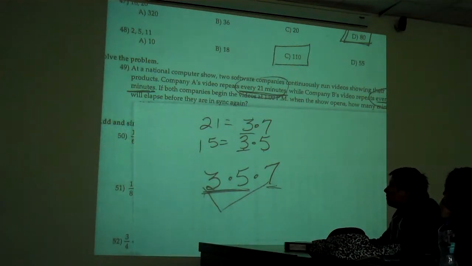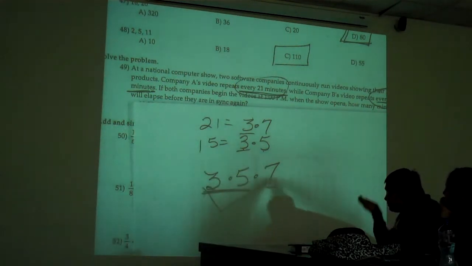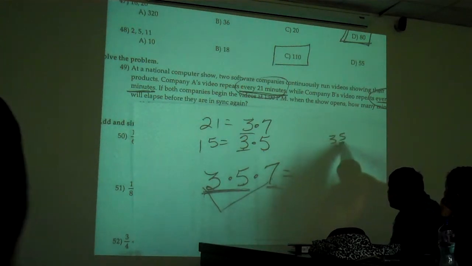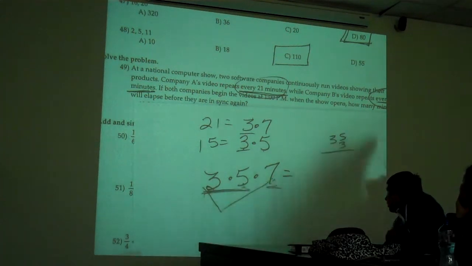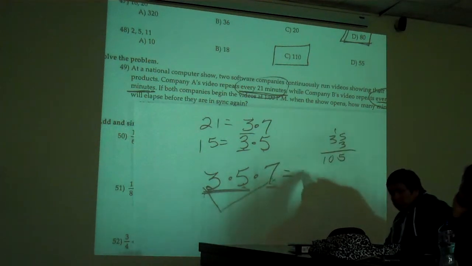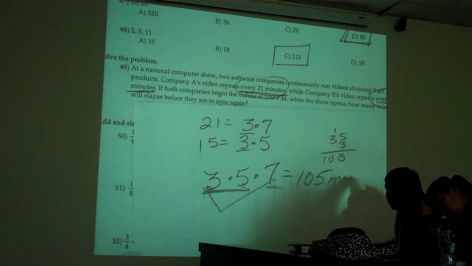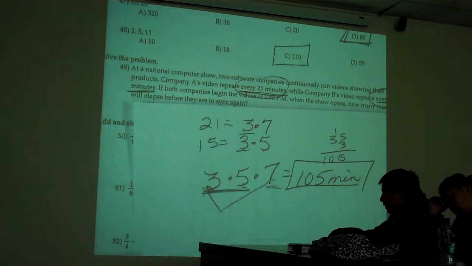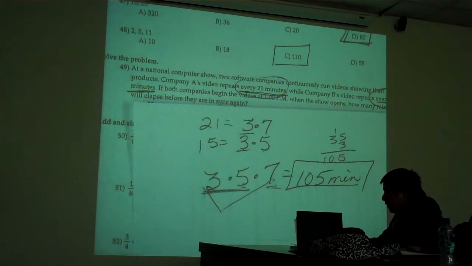See, they both divide into that. So you got 35 times 3, or you can multiply 15 times 7. And 105 minutes until they're in sync the first time. Every 105 minutes they'll be in sync.